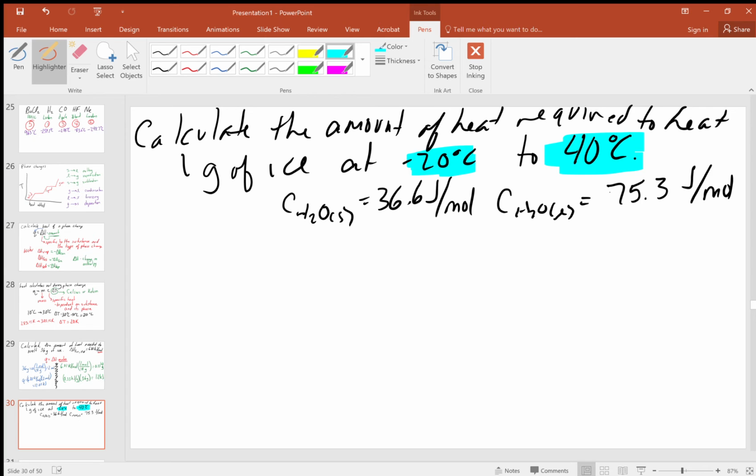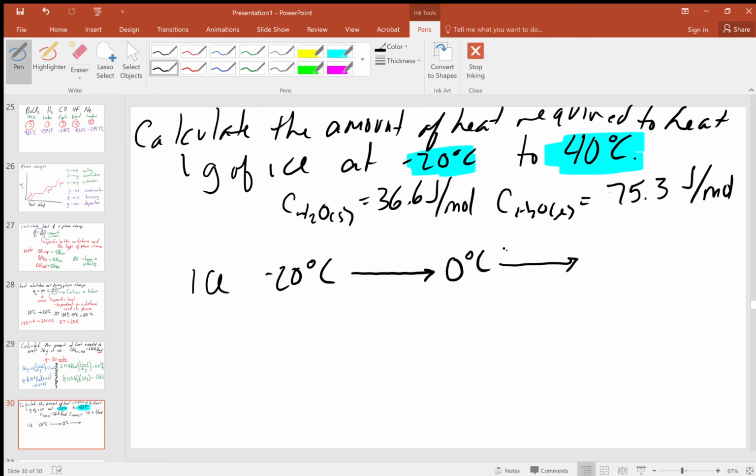Because what's going to happen with the ice, we have ice here at minus 20. So we're going to heat it up, and then it's going to hit 0 degrees Celsius. What's going to happen at that point? Well, it needs to melt. And so it'll melt and stay at 0 degrees.